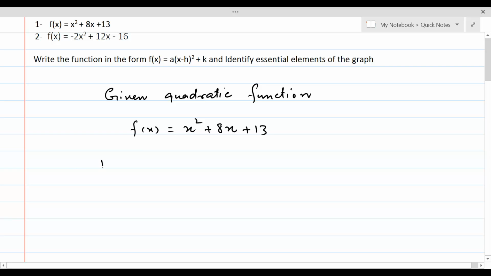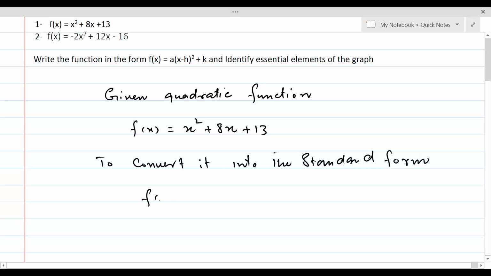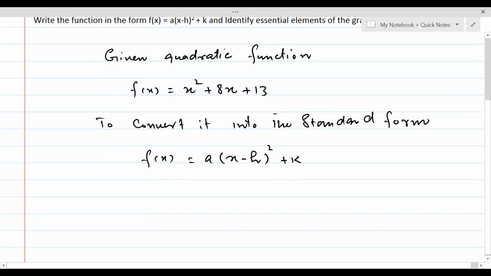So to convert it into the standard form, which is f of x equal to a into x minus h whole square plus k, we will complete the square.